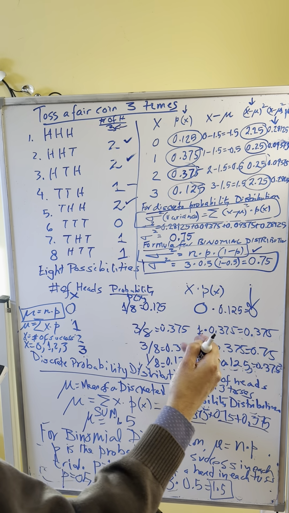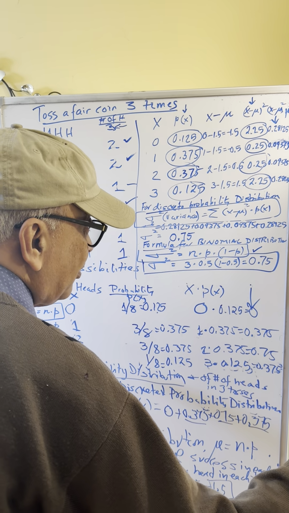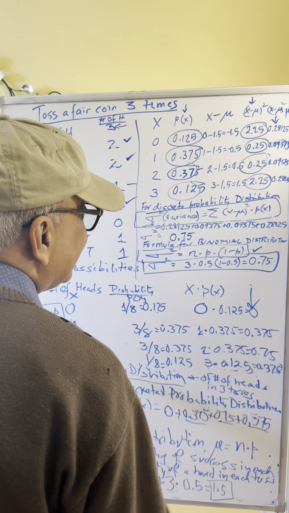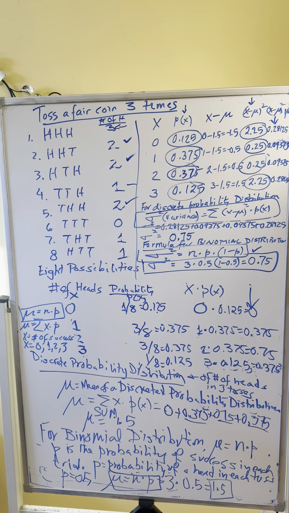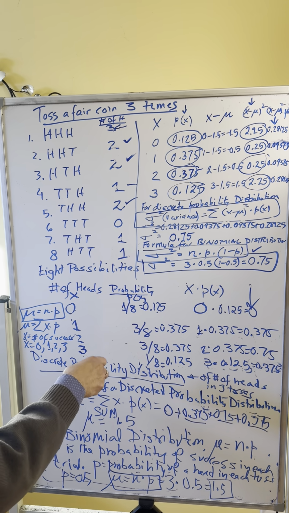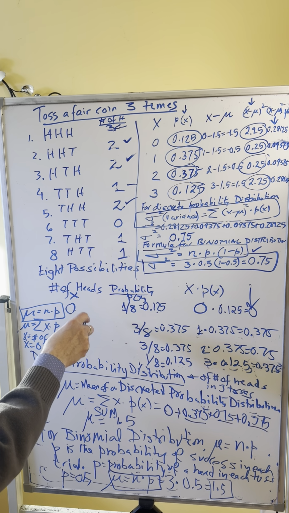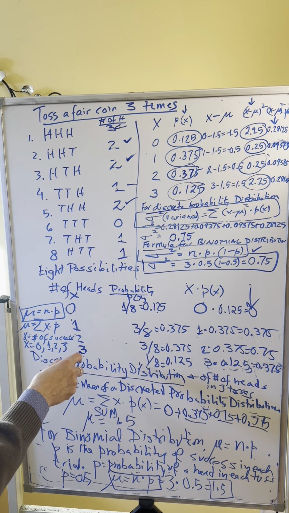Because the binomial probability distribution, when you toss a coin, is a special case of a discrete probability distribution. As I showed here, it's discrete because there's a discrete number of jumps in the number of heads.